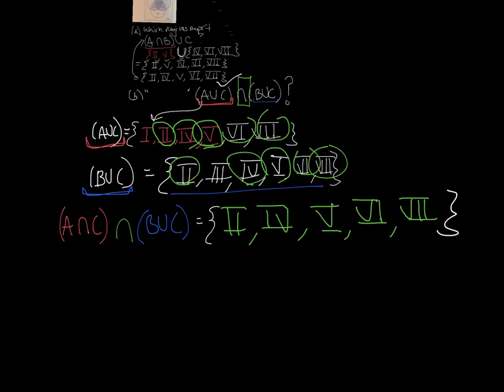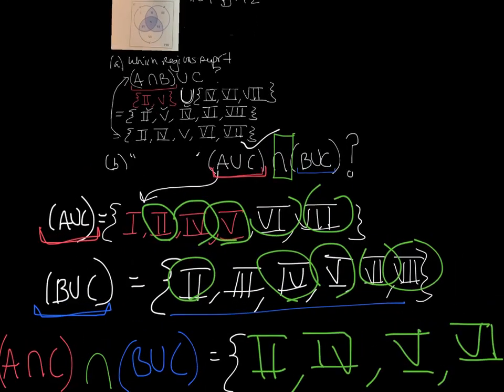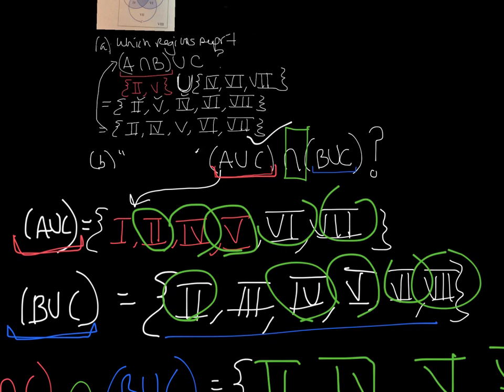And part C says, based on parts A and B, what can you conclude? Okay, what's your conclusion? Well, what do we have? We have 2, 4, 5, 6, 7. What was our set from part A? 2, 4, 5, 6, 7.